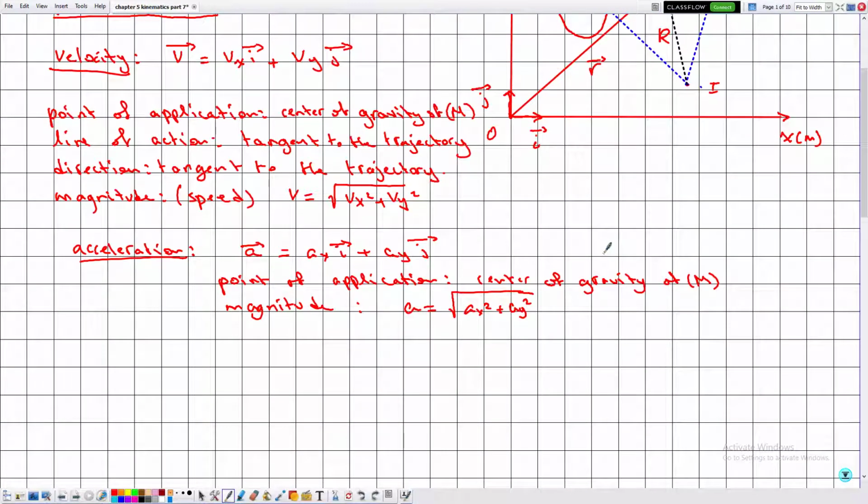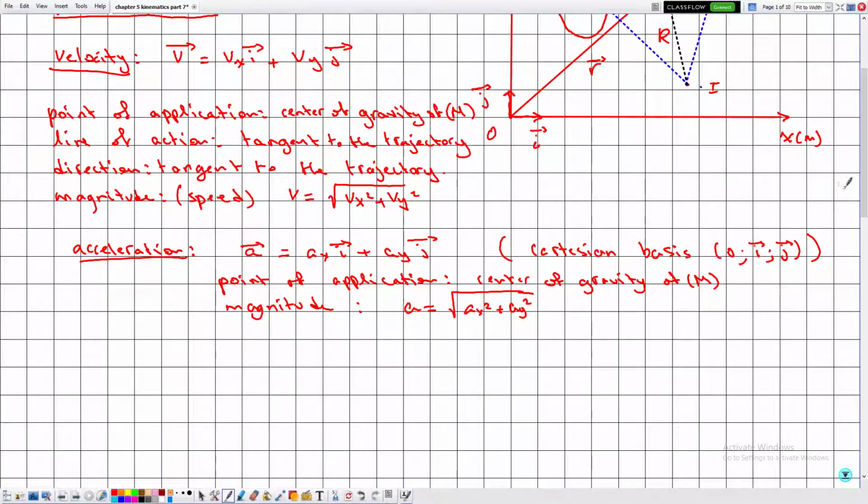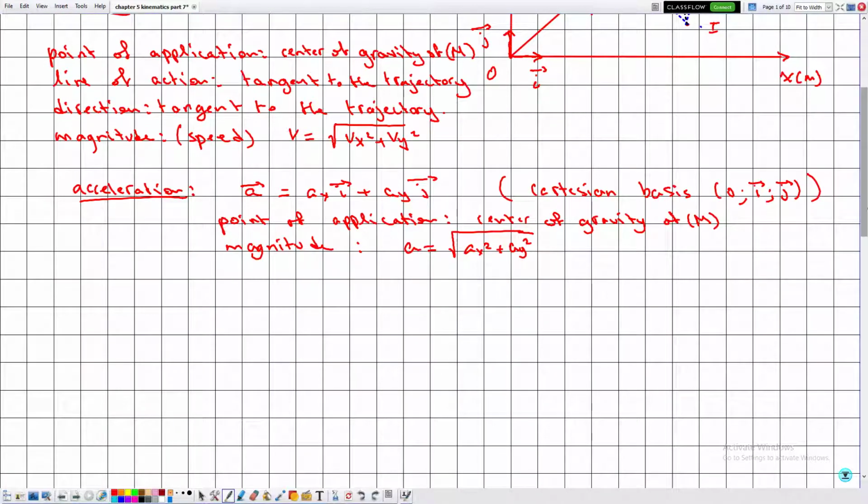Now, using these bases, we call them the Cartesian bases. It's a bit difficult to sketch the acceleration vector in the Cartesian bases, so it's more convenient to go to another basis, which is called the Frenet bases.